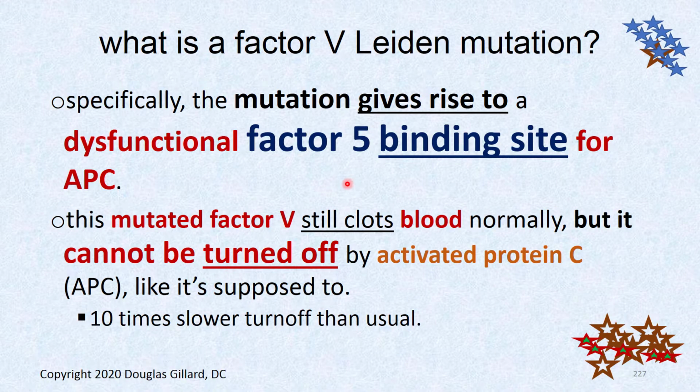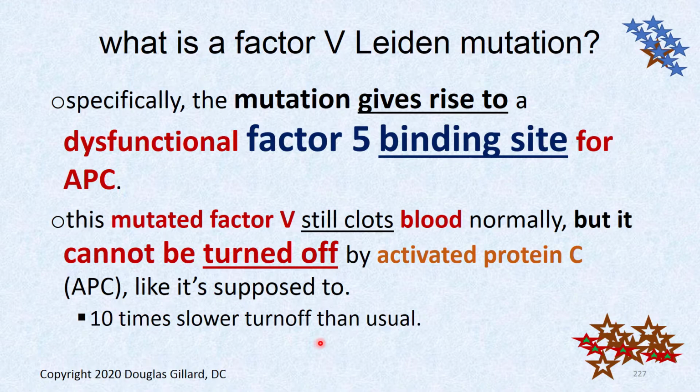Well, the mutation gives rise to a factor V binding site malformation, and APC binds to factor V, and that's how it shuts down factor V. But if the binding site for factor V is screwed up, then APC can't bind to factor V, and it just goes on clotting and clotting and clotting. It eventually will turn off, but it's about 10 times slower than normal shutting down. So you're at great risk for over-clotting when something occurs, or clotting when you're not supposed to clot.